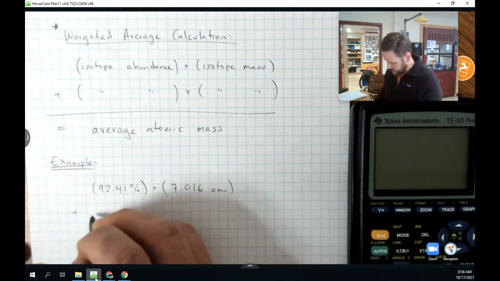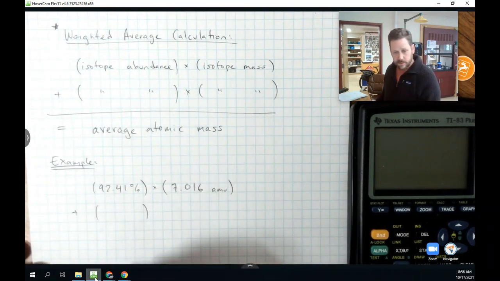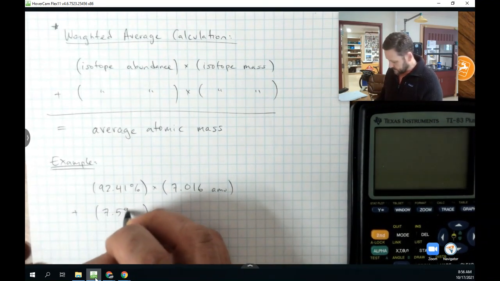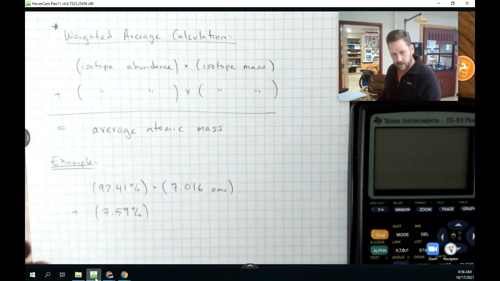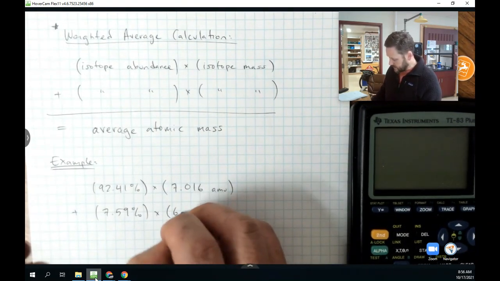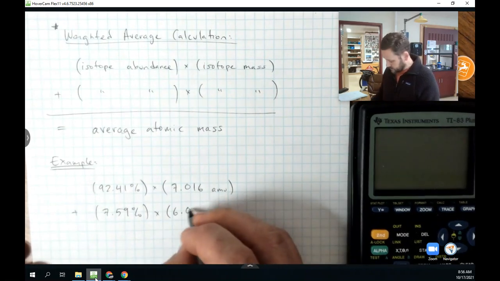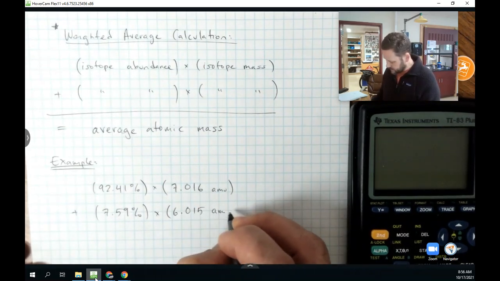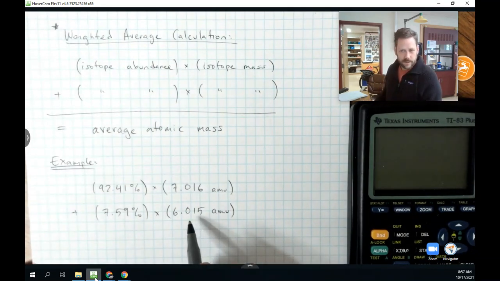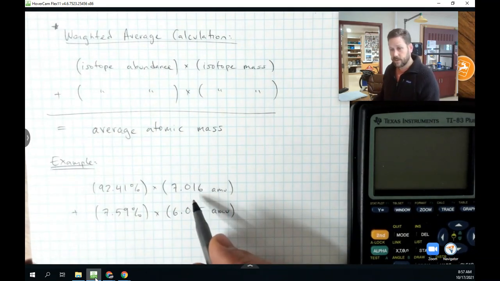And then I'm going to add that to the next isotope, which is naturally occurring. And only 7.59% of lithium atoms are lithium-6. Lithium-6, it turns out, has a mass of 6.015 AMU. And again, you may wonder, why doesn't lithium-6 weigh 6? And why doesn't lithium-7 weigh 7?